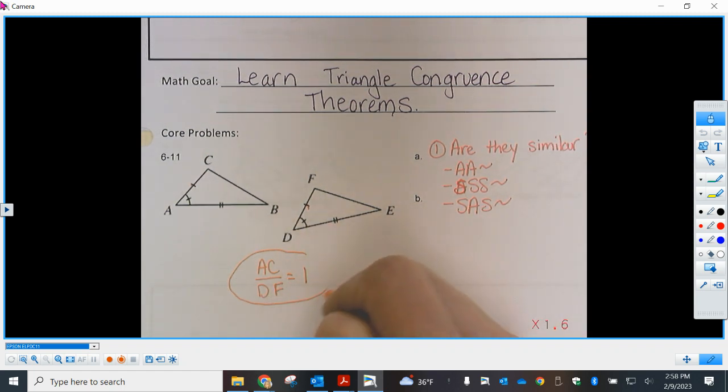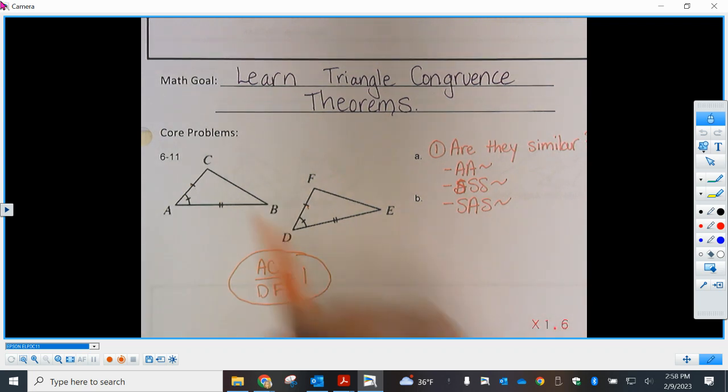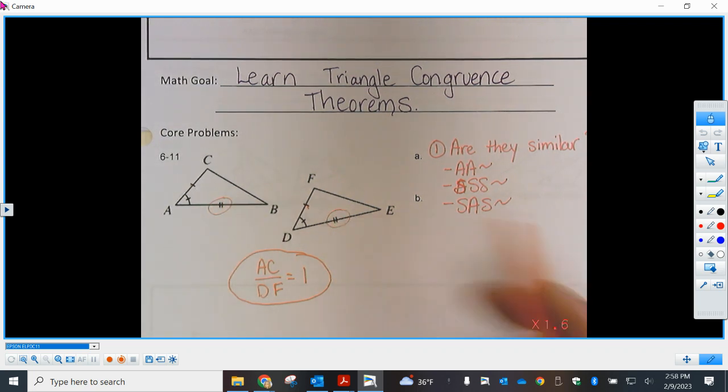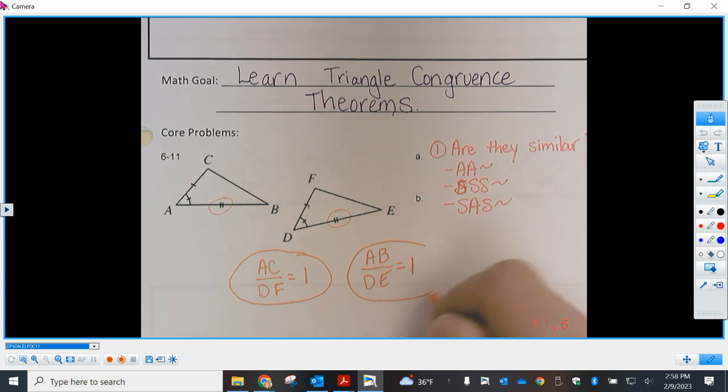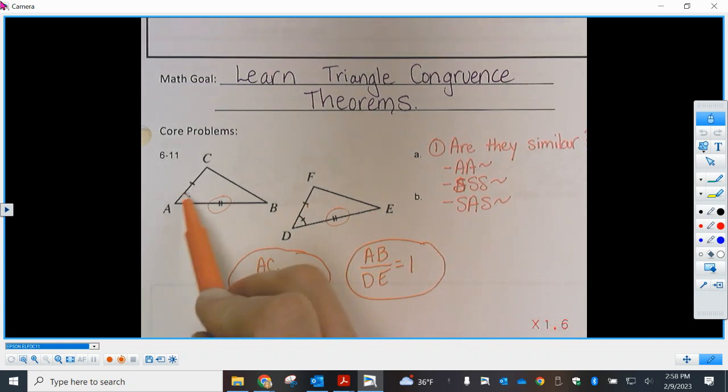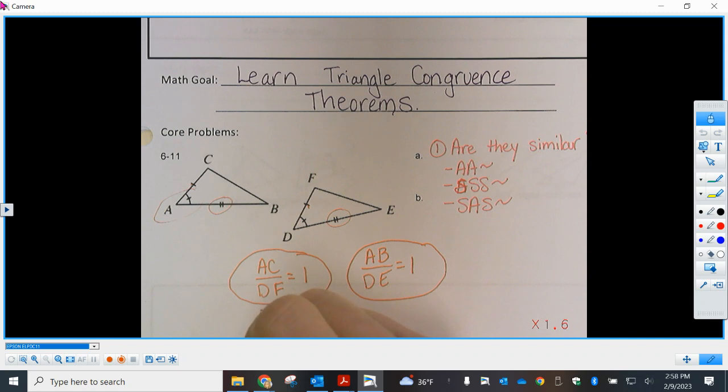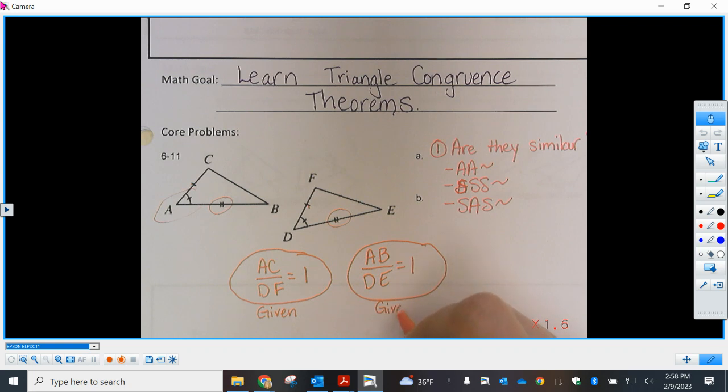There's our first bubble. I can see the same thing happens right here, so AB over DE is also equal to 1. And this is marked, and this is given information. It's given in that picture, and it's given in that picture as well.